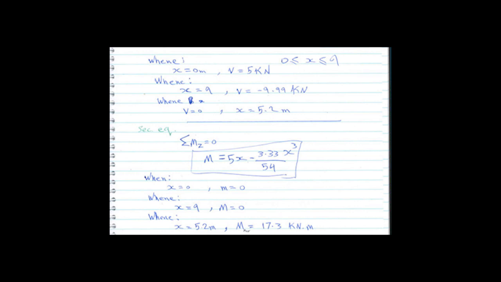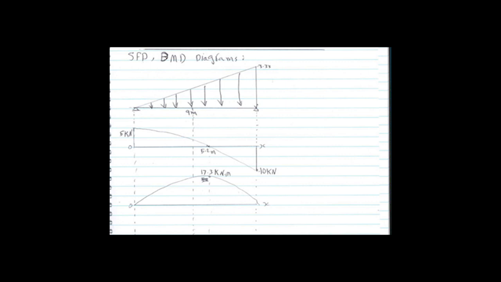When x equals 9, M still equals 0. But when x equals 5.2 meters, M max equals 17.3 kilonewton meters. And then I drew the shear force diagram and the bending moment diagram after calculating the first and second equations. And here are the diagrams.